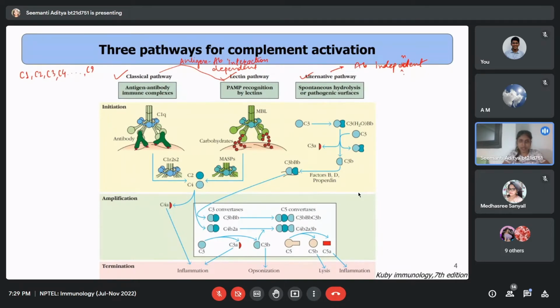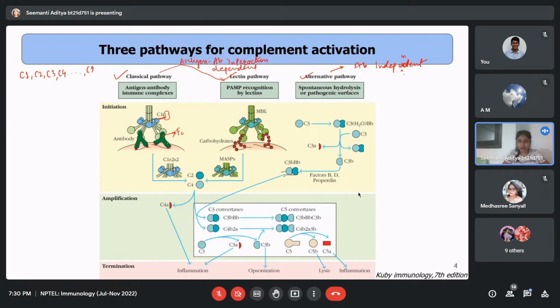Antigen is recognized by your antibody, and this is the Fc region of your antibody. This Fc region will undergo certain conformational changes, and that will allow the binding of circulating protein C1, of which the subunit is Q. So C1q recognizes the Fc portion of the antibody which is already bound to your antigen.